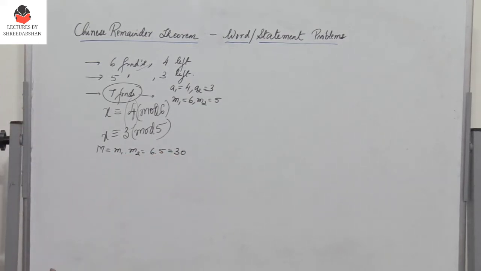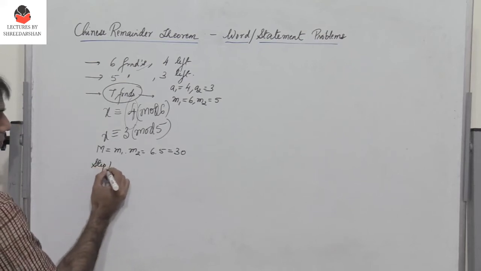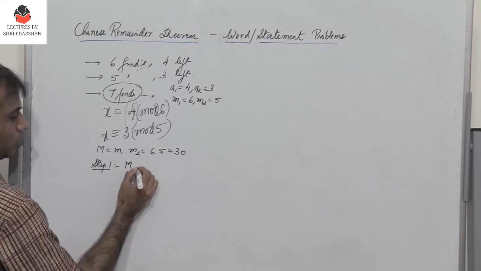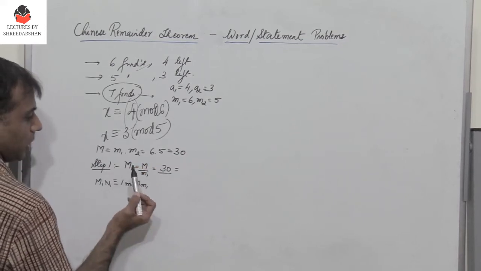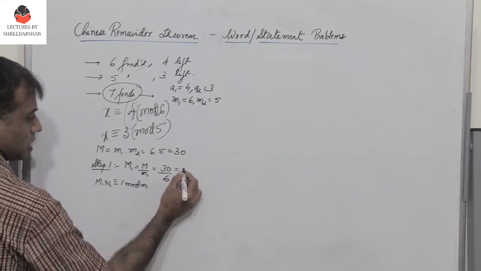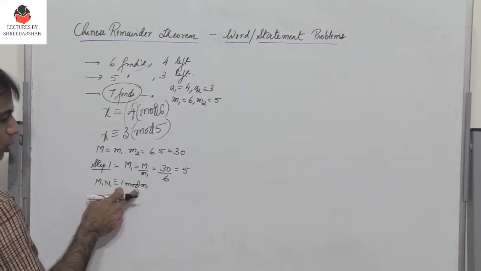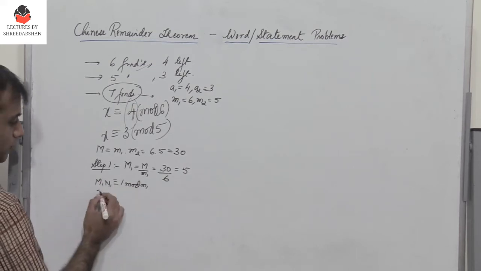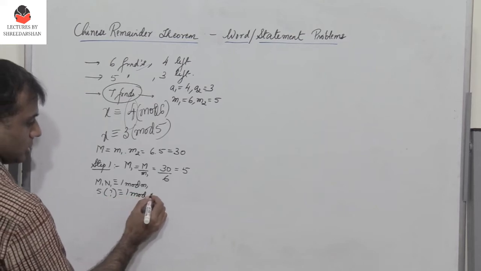I need to find the values of n1 and n2. Step 1: calculate capital M1, which is M by m1. So M1 equals 30 by 6, which gives me 5. We know that M1 into n1 is congruent to 1 mod m1. So 5 into a number must be congruent to 1 mod 6.